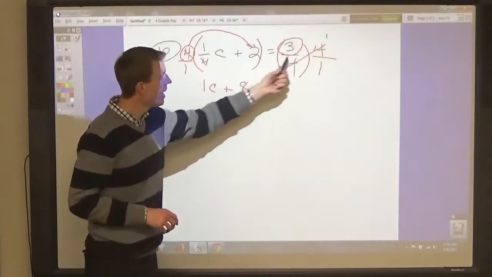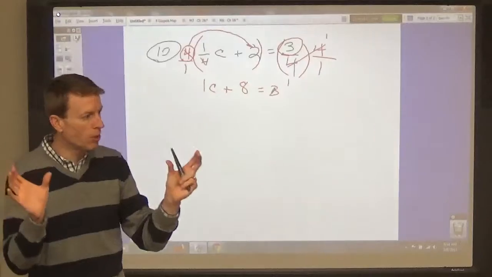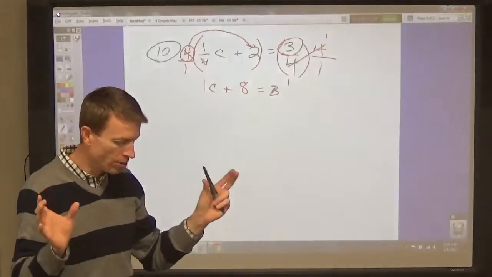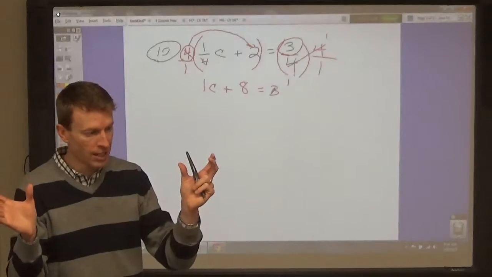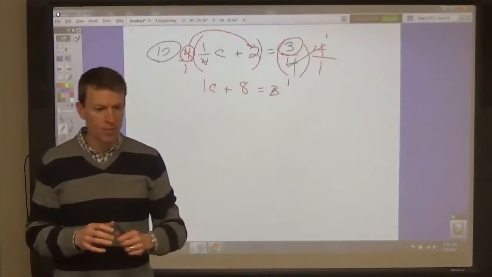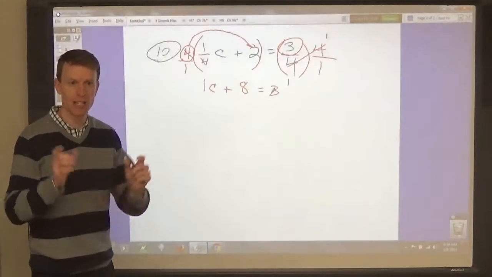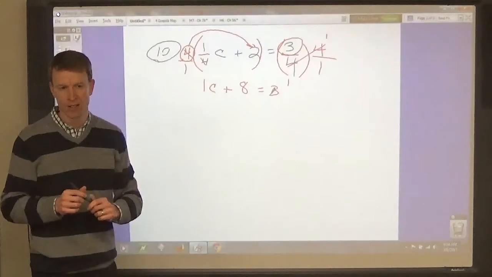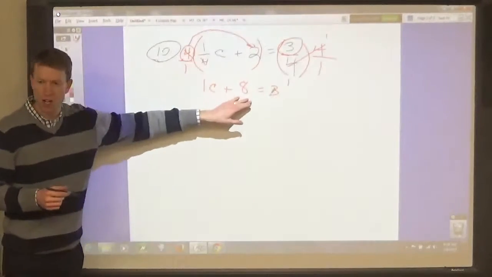Yep. And we can do that whenever we want to. You can always multiply a number on both sides. The rule is you just have to multiply by the same number on both sides. You can multiply by anything except 0 on both sides and still keep the equation balanced. And so then you can solve it this way.